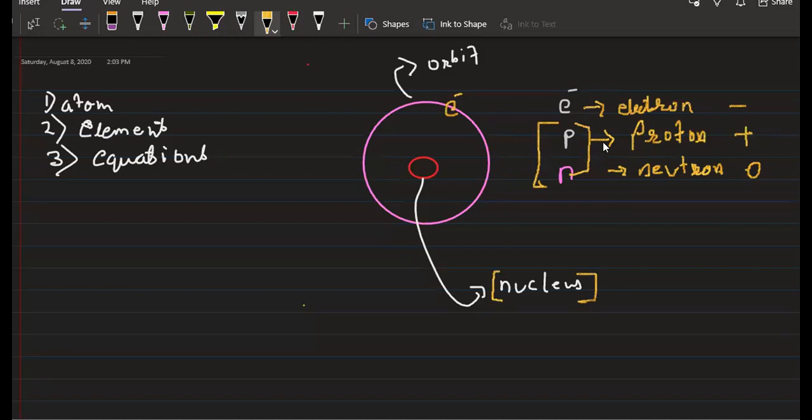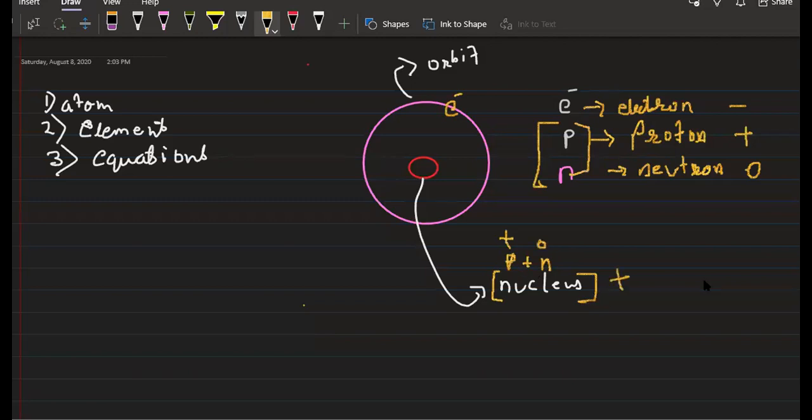See, I said that in the nucleus we will have protons as well as neutrons, and the electrons revolve around the nucleus. Now just think about this. If we have protons and neutrons inside the nucleus, the charge of proton is positive and the charge of neutron is nothing. So obviously, the total charge should be positive.